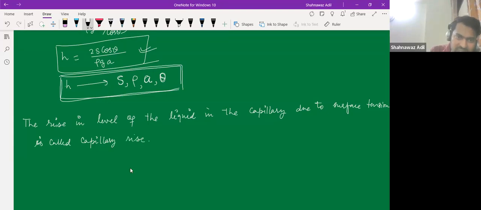And we have seen what is the value of this capillary rise. So this is 2s cos theta divided by rho g.